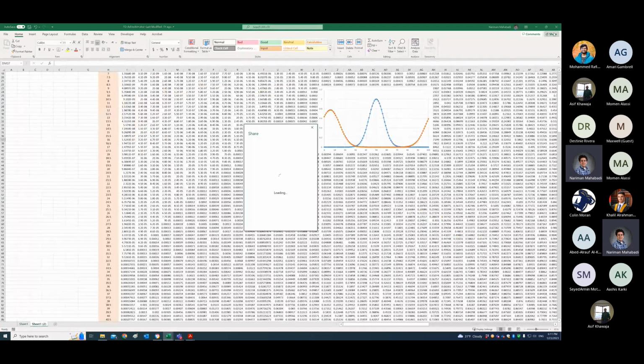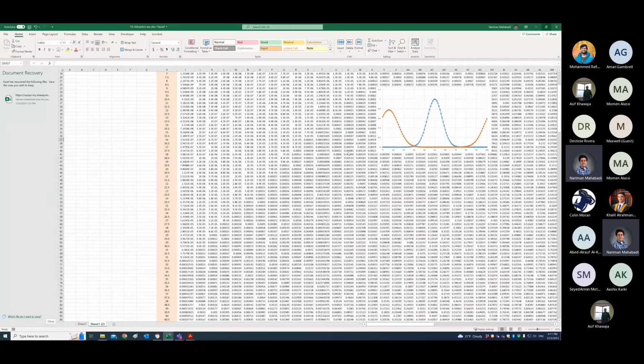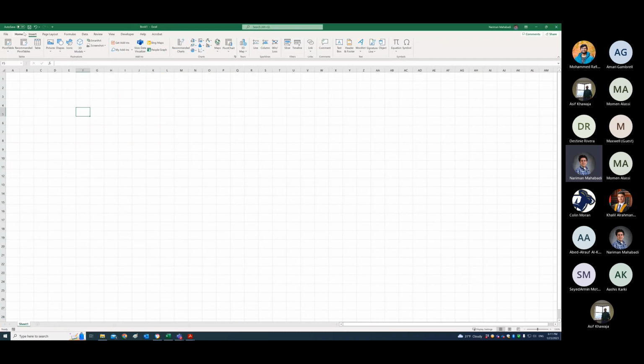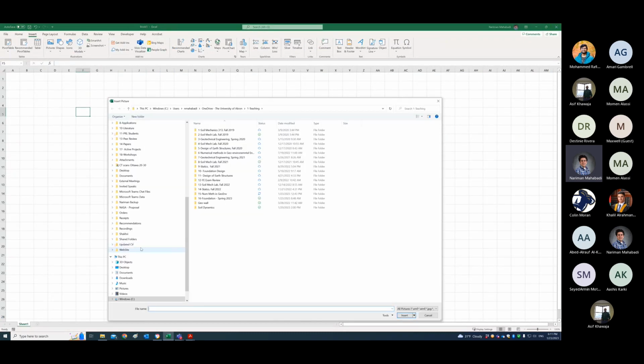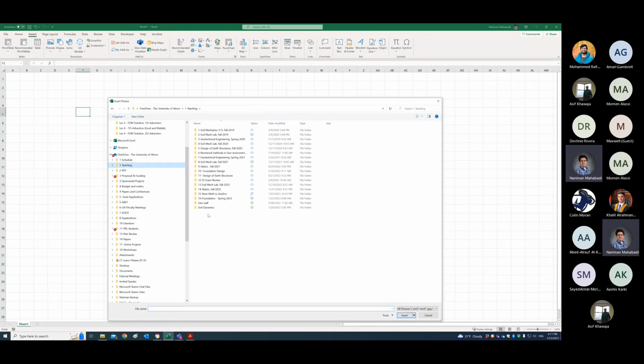But this is always what I do when I write the codes in MATLAB or in Excel.